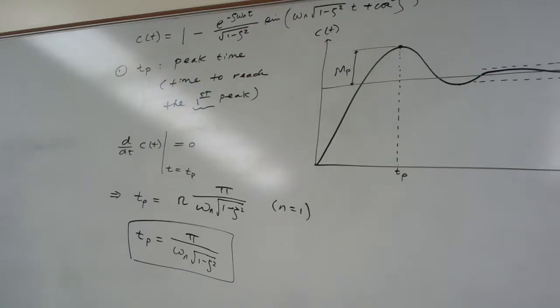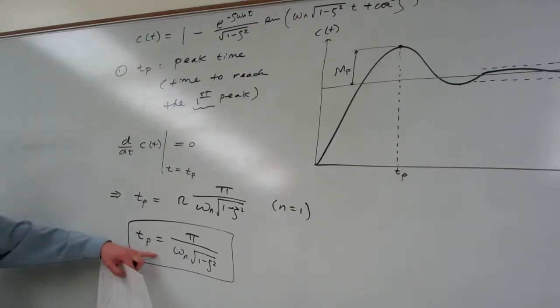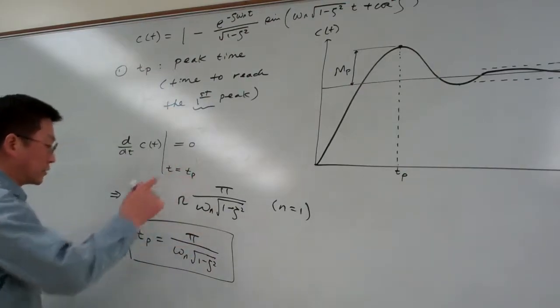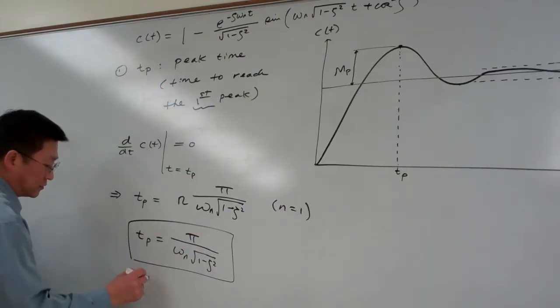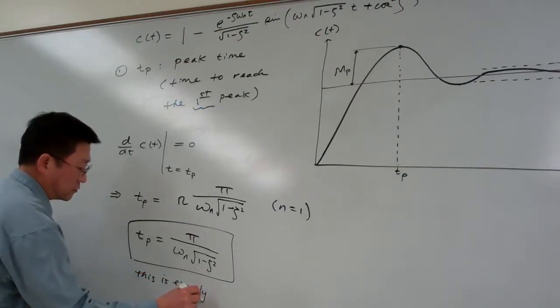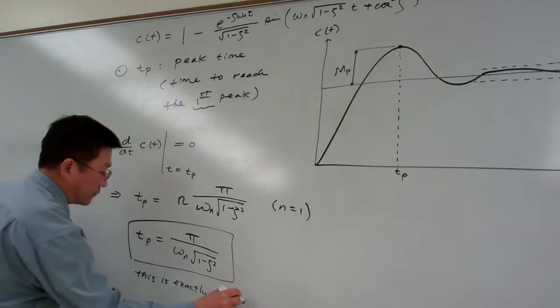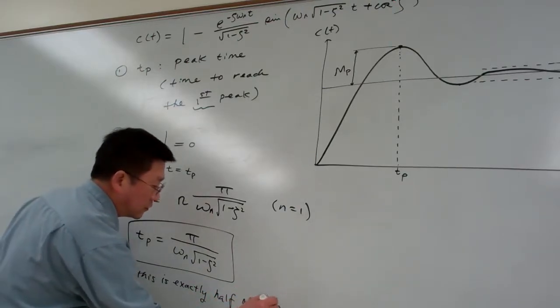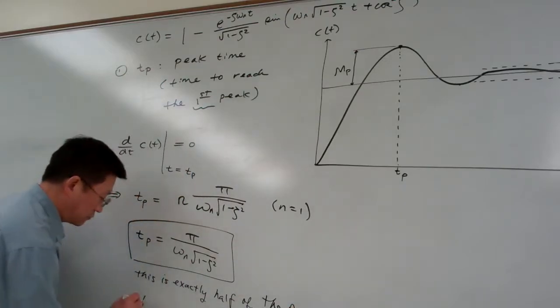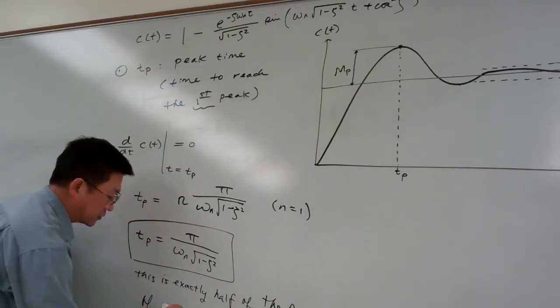Okay. And actually this one is exactly equal to half of the period. Because if you look at this curve, this is exactly half of the period of the oscillations.